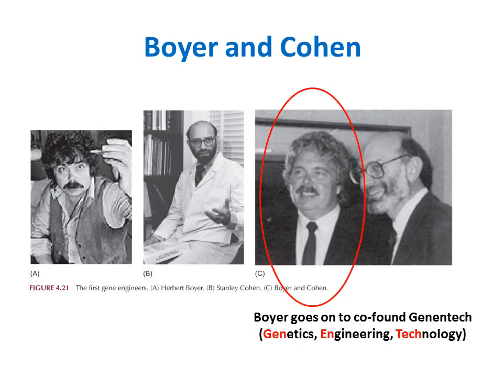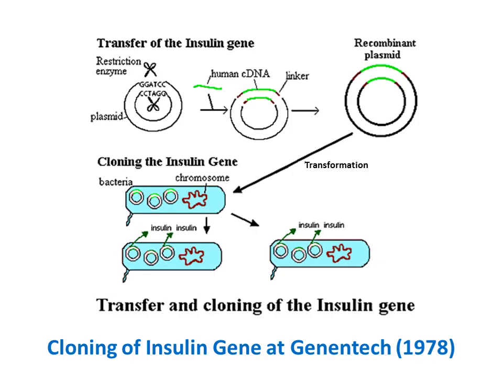So Boyer, from Boyer and Cohn, that we've talked about extensively, he went on to co-found Genentech, which stands for Genetics, Engineering, and Technology. And one of Genentech's first products was generating human insulin. So again, they used a plasmid. They cut the plasmid with EcoR1.